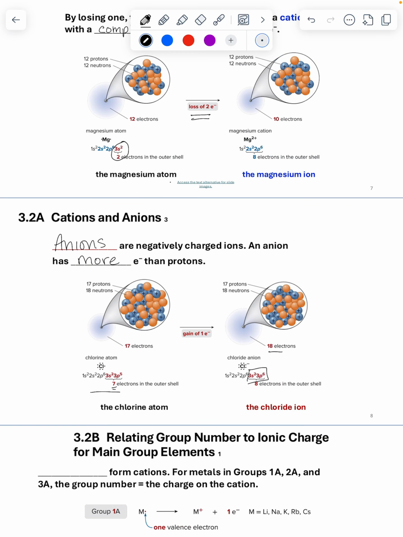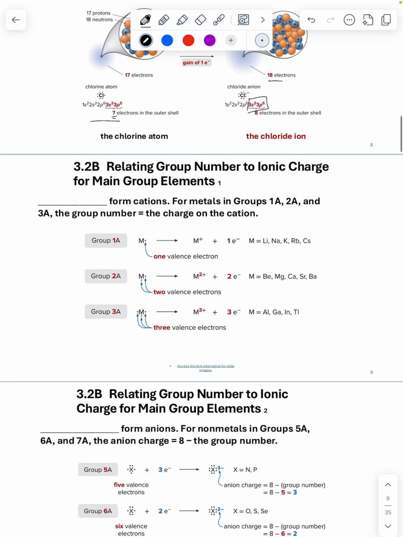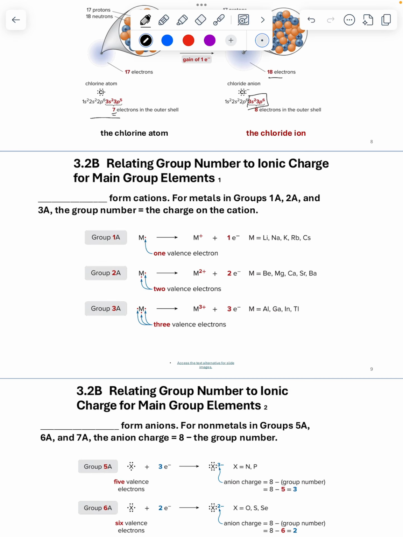We can relate the group number on the periodic table to ionic charges, so there is a way of looking at the periodic table to see what type of charge the atoms in that group would form. Metals always form cations. If we look at metals in group 1, group 2, and group 13, then the group number is equal to the charge of that cation.